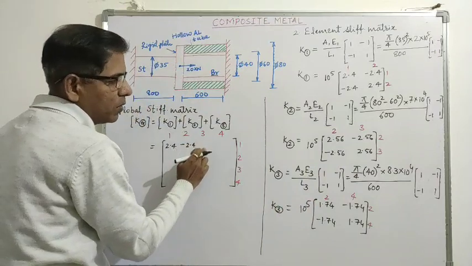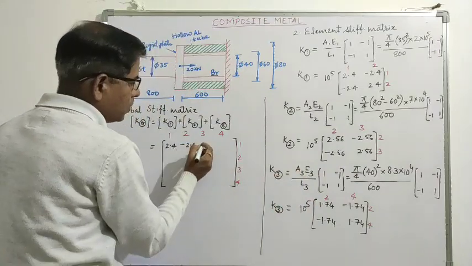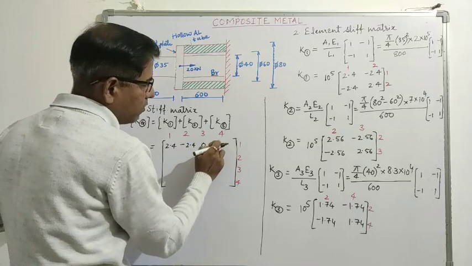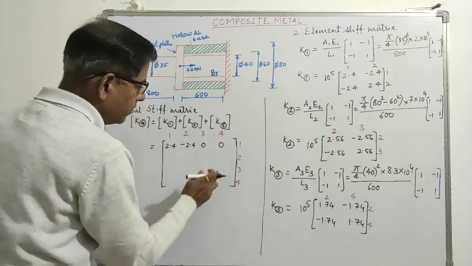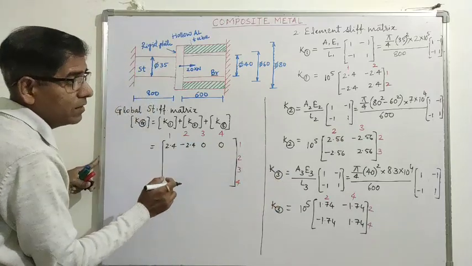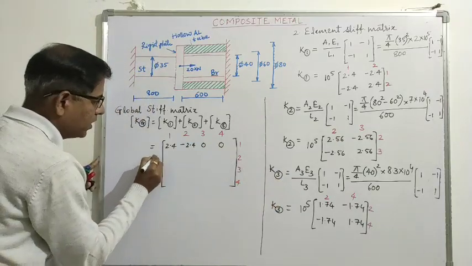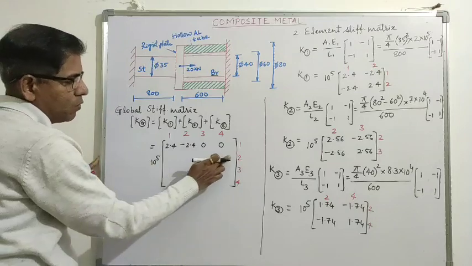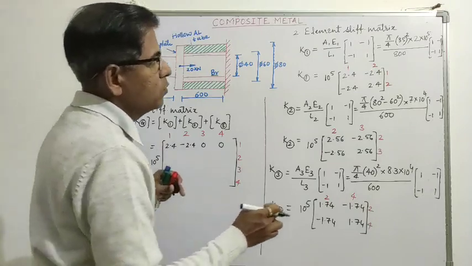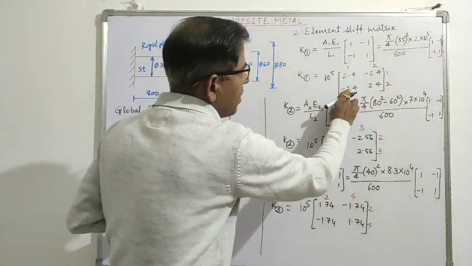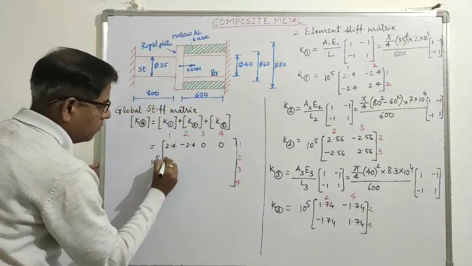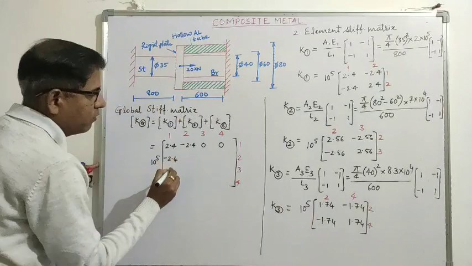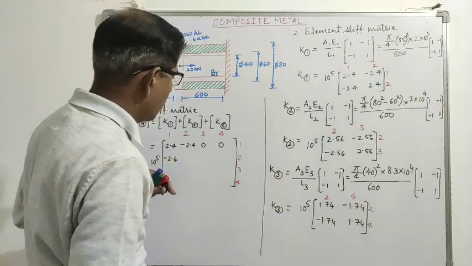Row 1, column 3, no such value, so 0. Row 1, column 4, no such value, so 0. Now row number 2, with 10 to the power 5 outside the bracket. Row 2, column 1 is minus 2.4, whereas there is no row 1, column 1 in the other matrices.